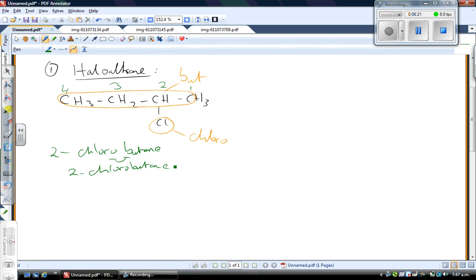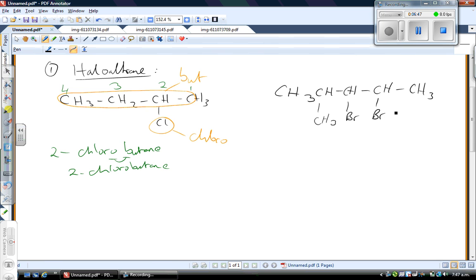If we do another example, I don't need to go through lots of them for the haloalkanes because you would have covered them in level 2 as well. If we do this example, CH3, CH, CH, CH, CH3, and then we have a methyl group here, we have a bromo group here and another bromo group there.